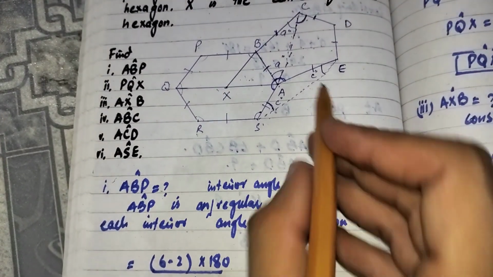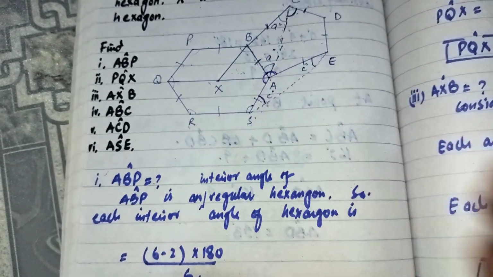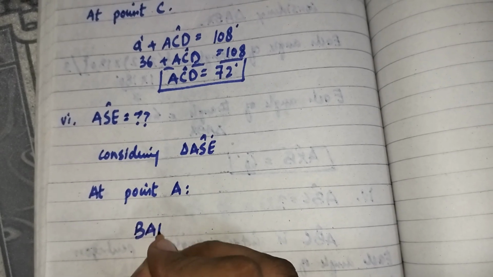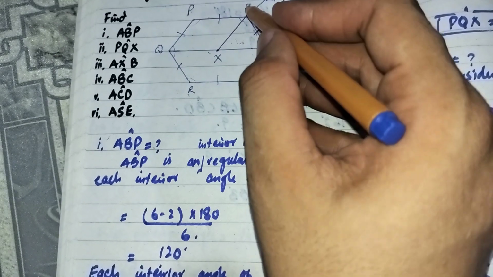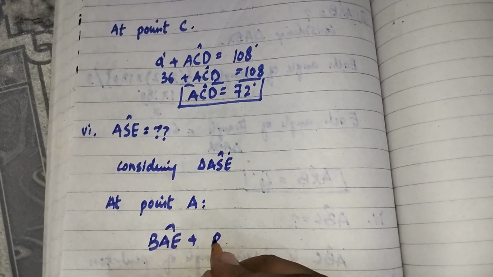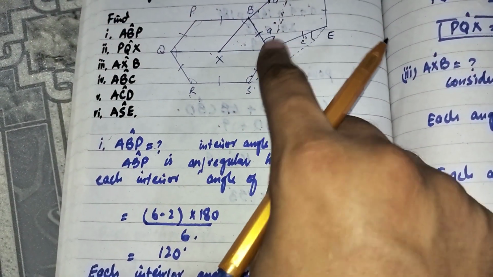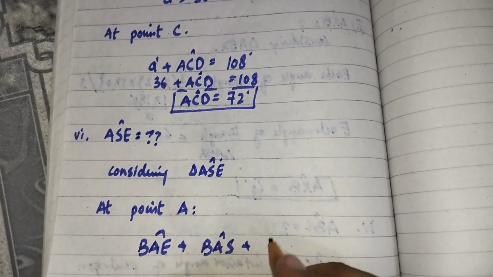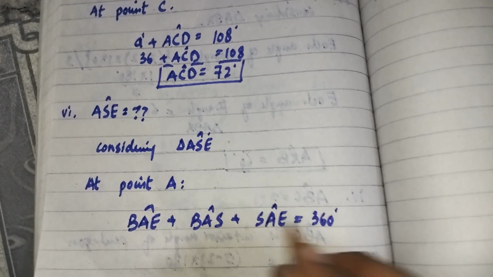So I can say that this angle BAE plus the interior angle of the hexagon BAS plus this angle of the ASE triangle, that is SAE, will make 360 degrees.